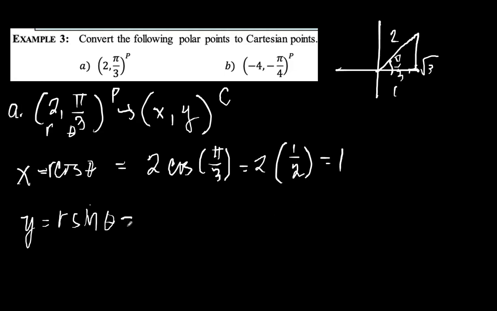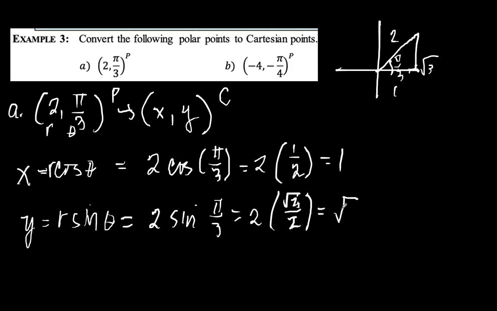Let's solve for y. This is 2 sine pi over 3. Sine pi over 3 is equal to opposite over hypotenuse, that's square root of 3 over 2, and this is equal to square root of 3.